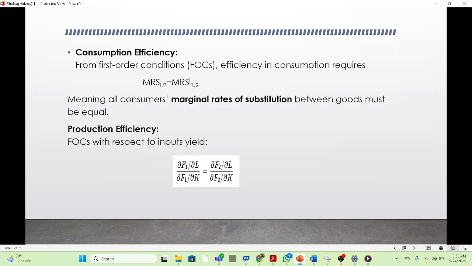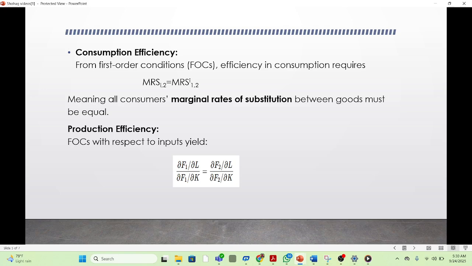Mathematical representation of Pareto efficiency. Suppose two goods X and Y, and two inputs, labor and capital. The production function is X equals F of Lx, Kx, so the output of X depends on labor and capital.